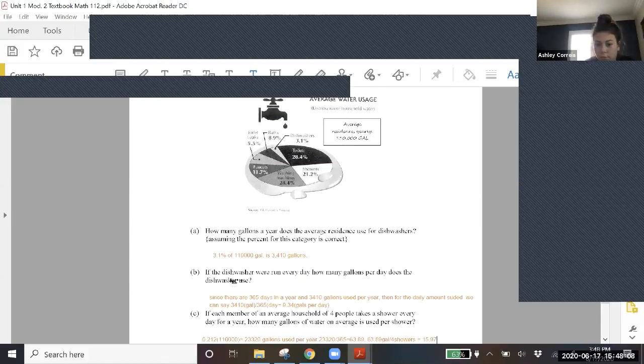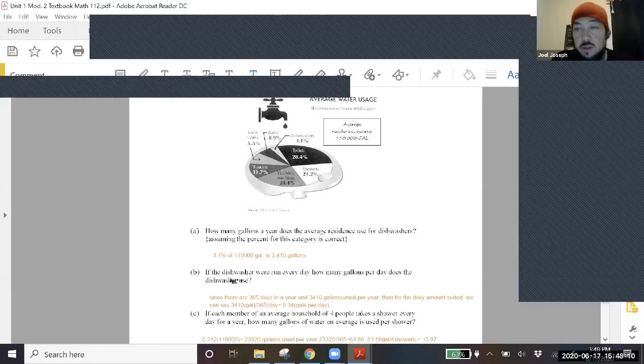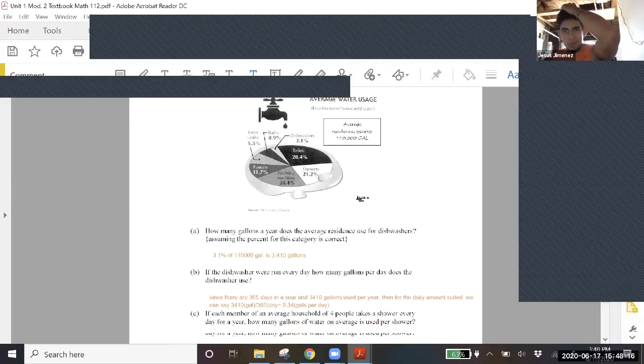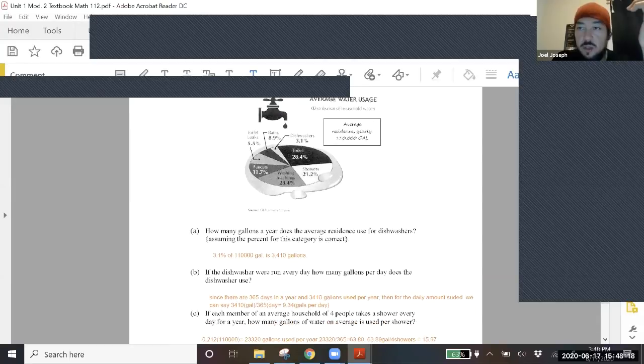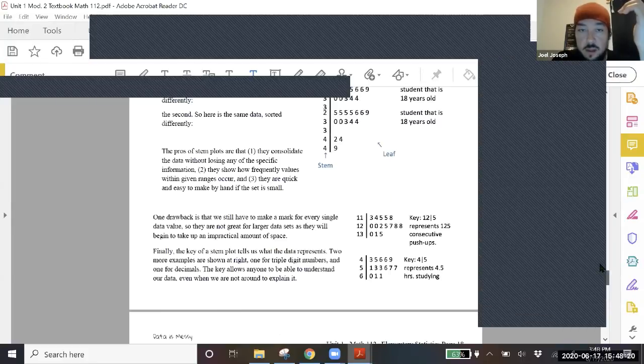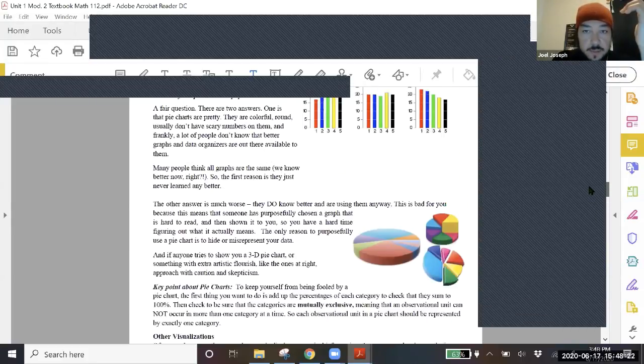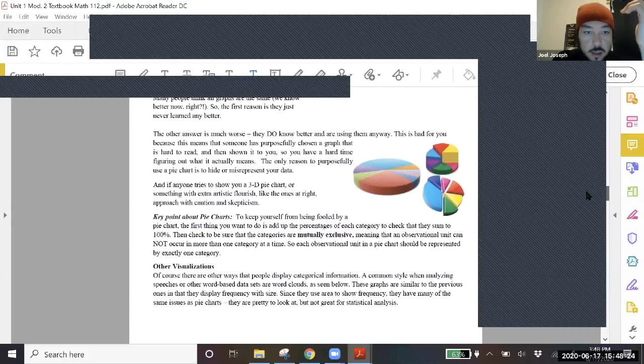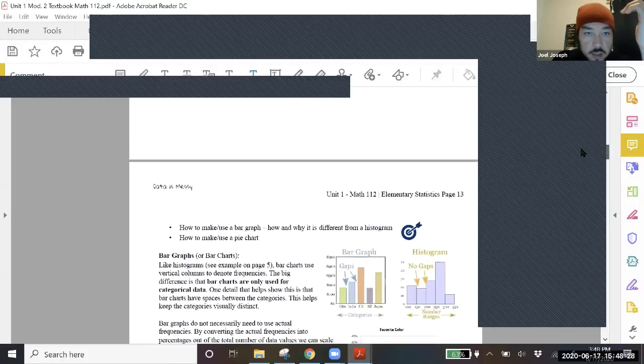Now, I will help only because the chances that we read this textbook is slim, right? In the previous pages, at some point, they do tell you what you should look out for. So let me see if I could find it. Pie charts.